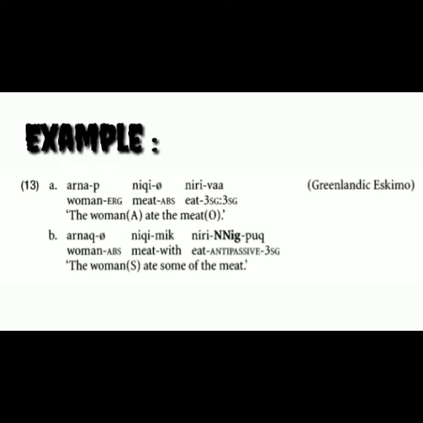The effect of this demotion is to give the meat noun phrase a partitive reading. The woman ate some of or part of the meat, as indicated in the translation.